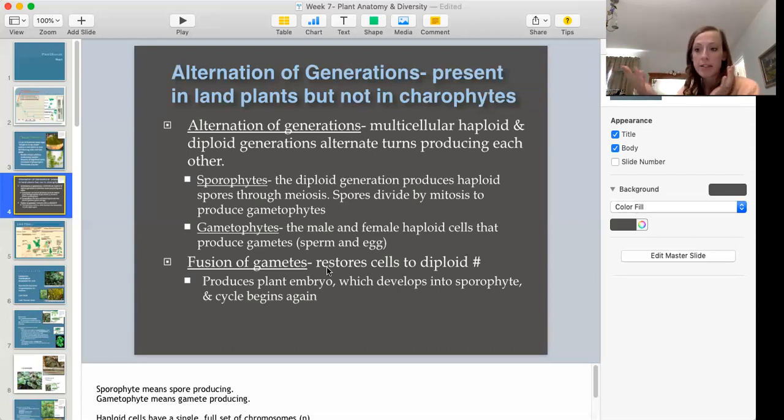That's obviously going to be a diploid structure. And so that will develop into our mature sporophyte, okay? So then the cycle just repeats itself with the next generation. So you should definitely be familiar with the concept of alternation of generations as we go through and look at the different types of plants.